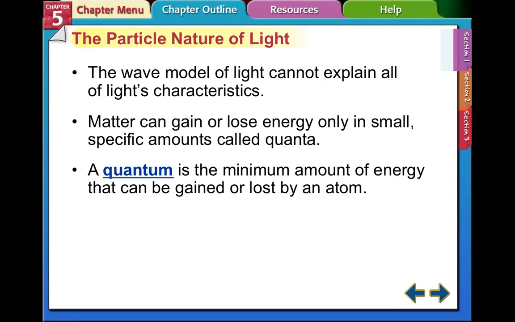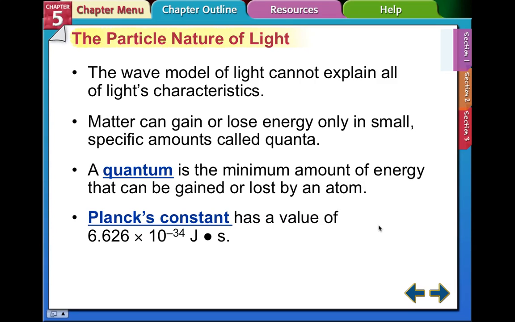Okay, the particle nature of light. The wave model of light cannot explain all of light's characteristics. Matter can gain or lose energy in small quantities called quanta. Okay, a quantum is the minimal amount of energy that can be gained or lost by an atom.